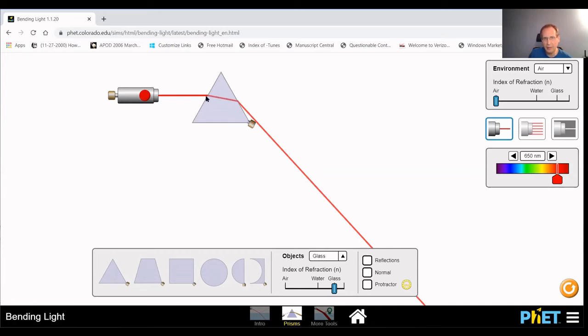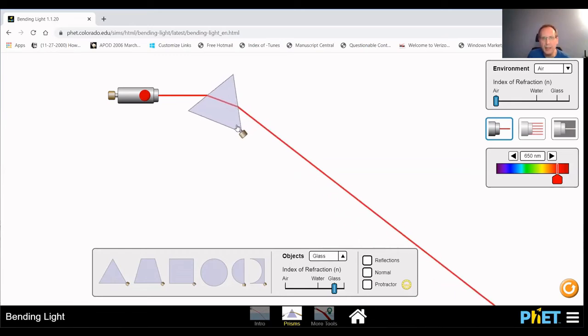When it hits that boundary, it refracts, and then glass back to air, it's going to refract again. What I would do is rotate this prism so that the line that's passing through the glass is pretty much parallel to the base of the prism. Something like that is good. And then since we want to make all these measurements, we need the lines that are normal, that are perpendicular, to the two faces.